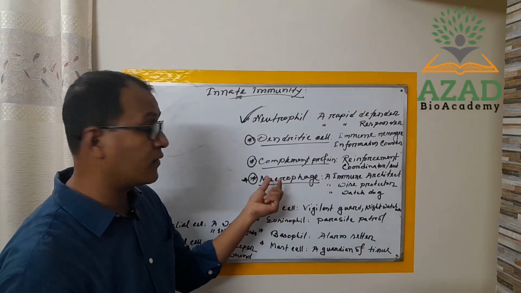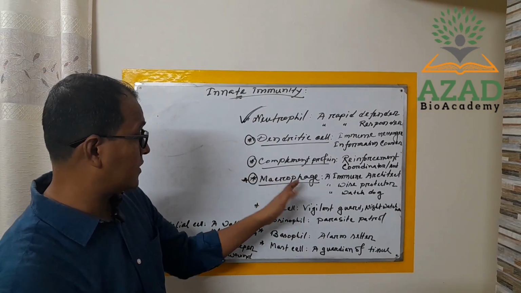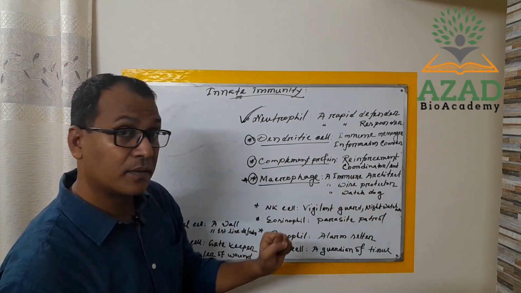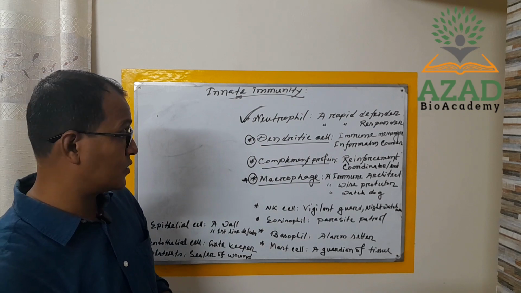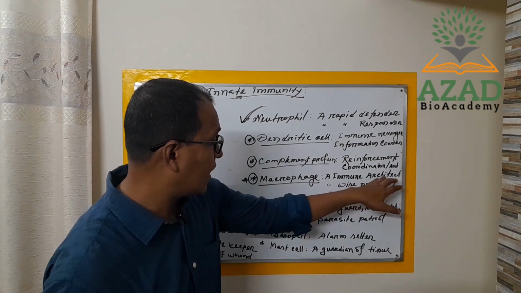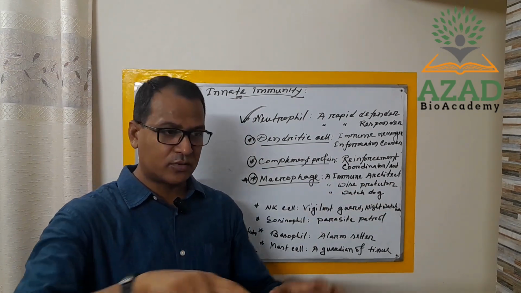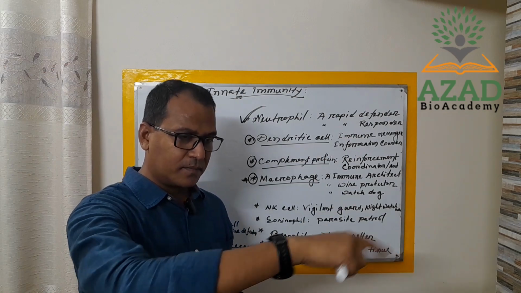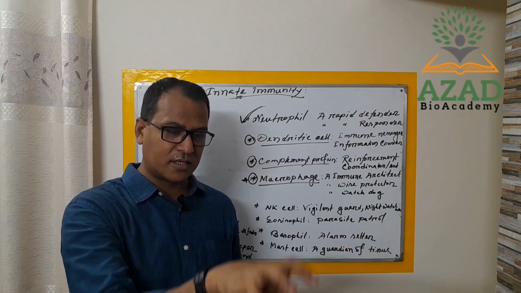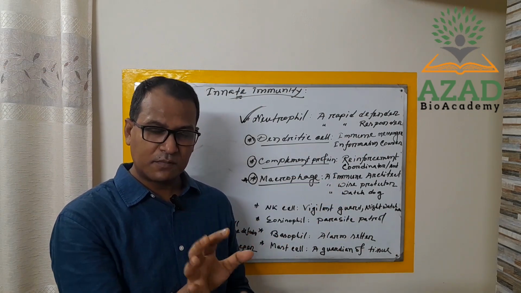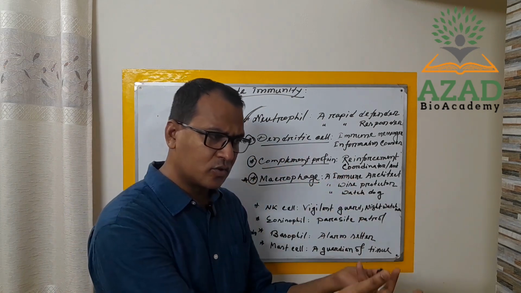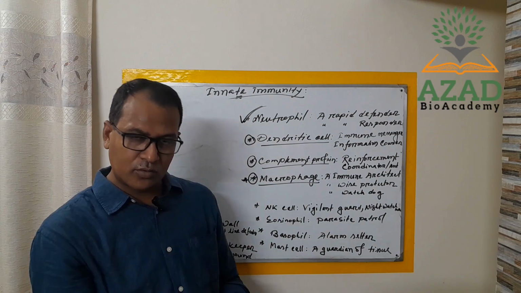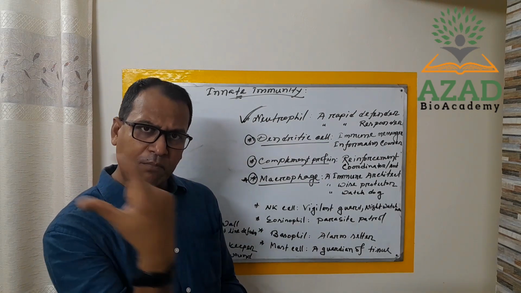I will explain the metaphorical meaning first, and then I will come back again to the macrophage role. That is the immunoarchitect. The architect will create an architectural structure. That means how they will attack and what type of microorganism has already been exposed to you, and it will make a plan.